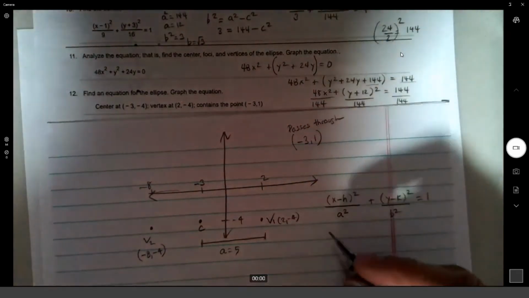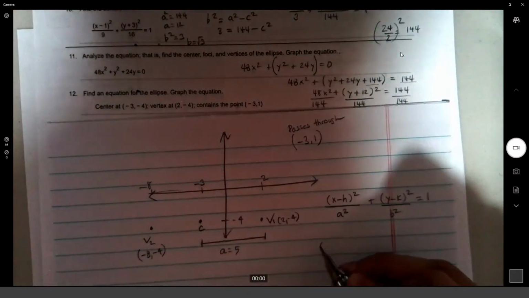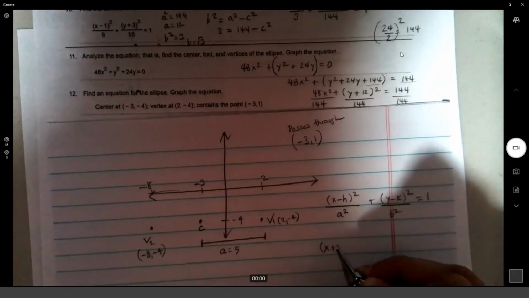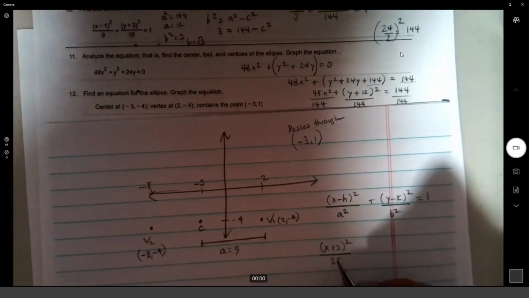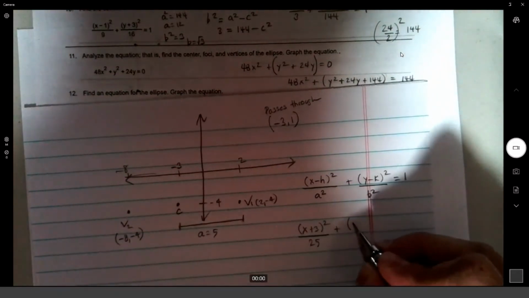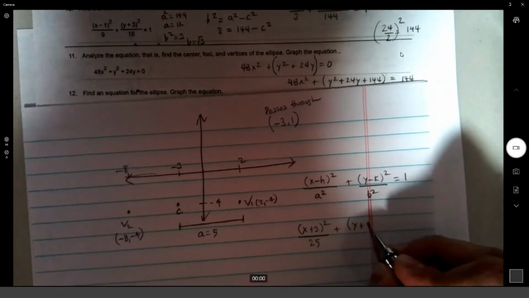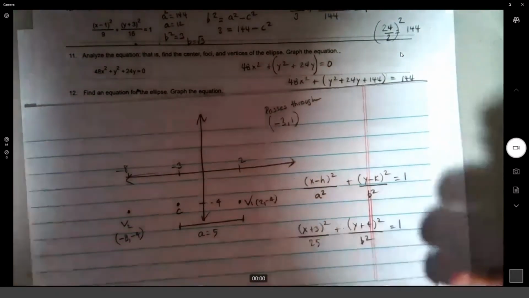The center is at -3, so we have x plus 3 quantity squared over 25 plus y plus 4 quantity squared over b squared is equal to 1.